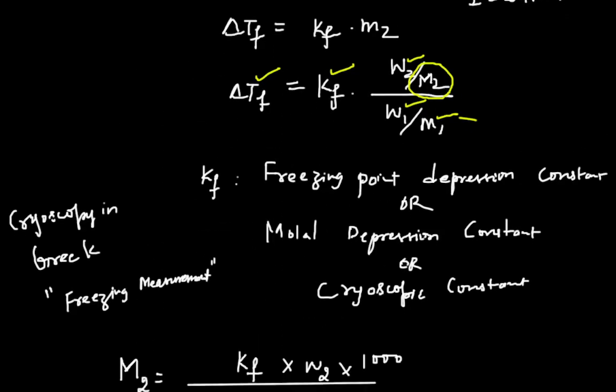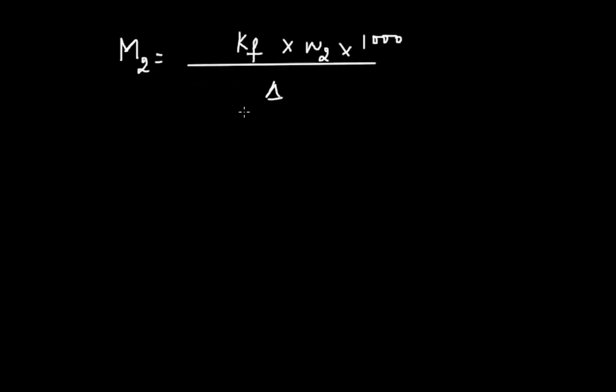This is not M1. This has to be your 1000 because it's molality. Molality is number of moles per kg of solvent. So your M2 can be calculated.